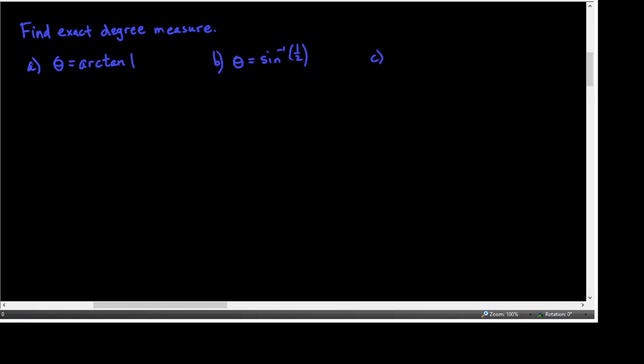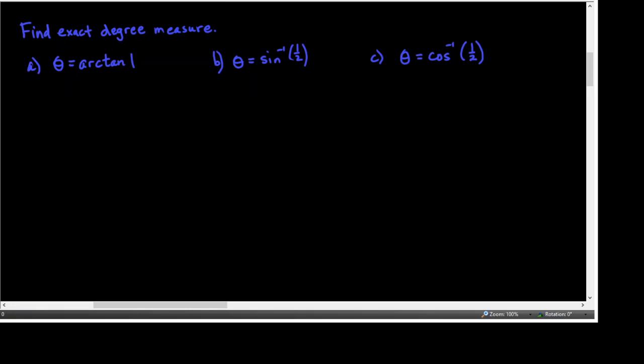And C, theta equals cosine inverse of 1/2. Okay. And then there's a D, E, and F that we'll do in a minute. They're also exact degree measures. So these 6 examples will all use the same directions.